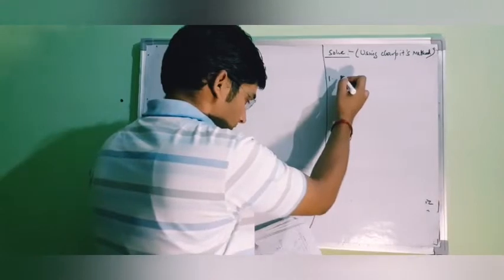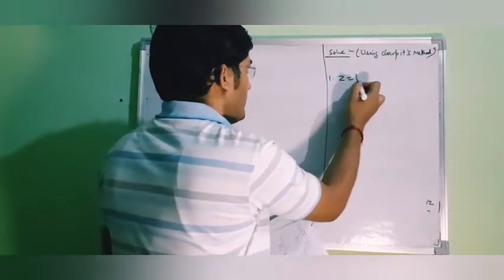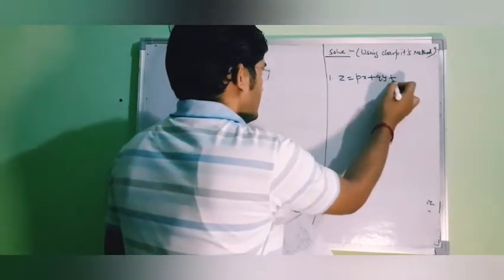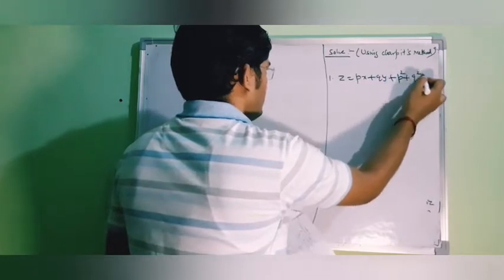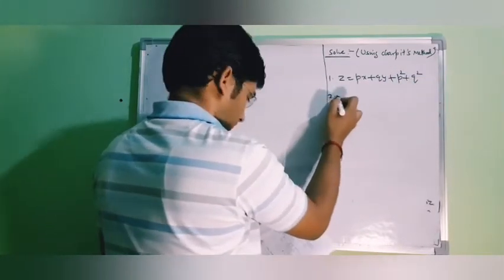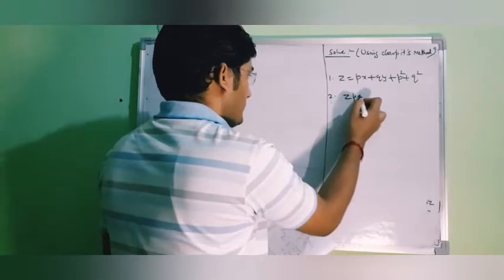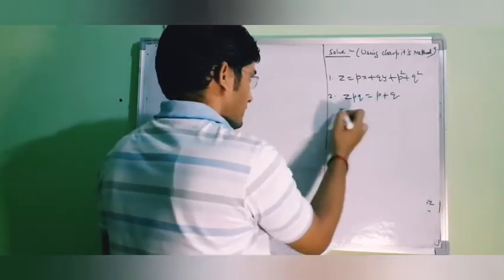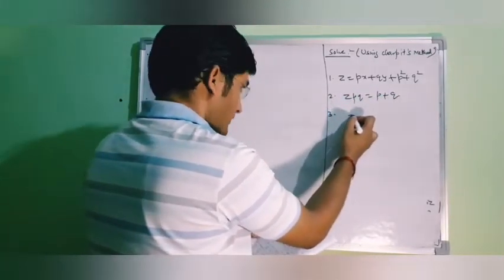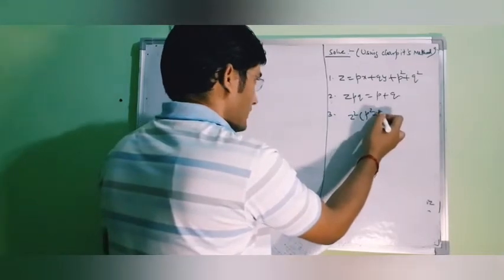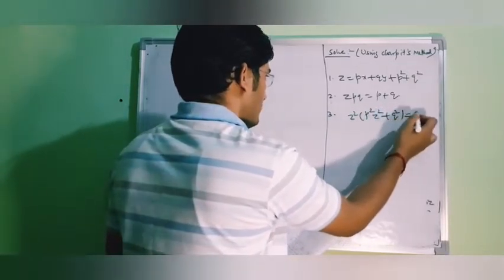The first problem is z equal to px plus qy plus p square plus q square. Second problem, zpq equal to p plus q. The third problem, z square equal to p square z square plus q square, equal to 1.